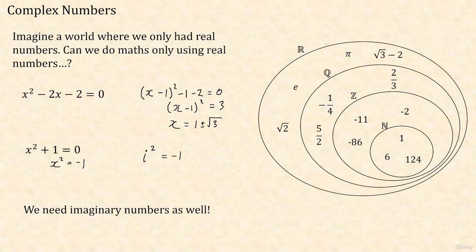So it is a number outside of our current system of numbers. It is not a real number. No amount of i's added up will get you to any real number. But when you square it, you get minus 1. And so the answer to this equation is that x is plus or minus i. Because when you square that, whether it's positive or negative, that cancels to positive, and i squared is negative 1.